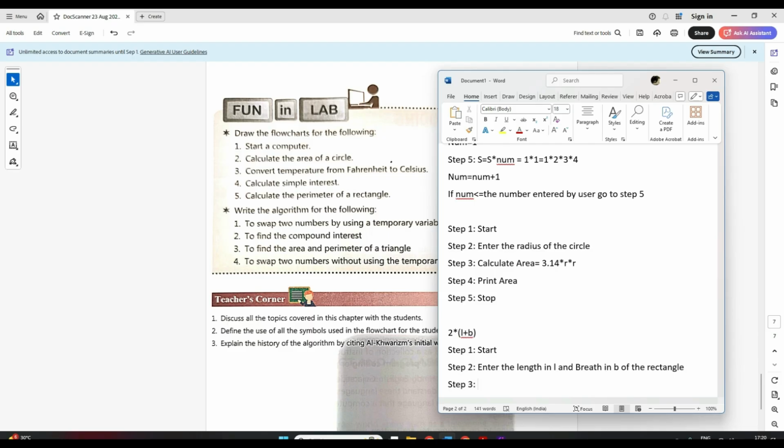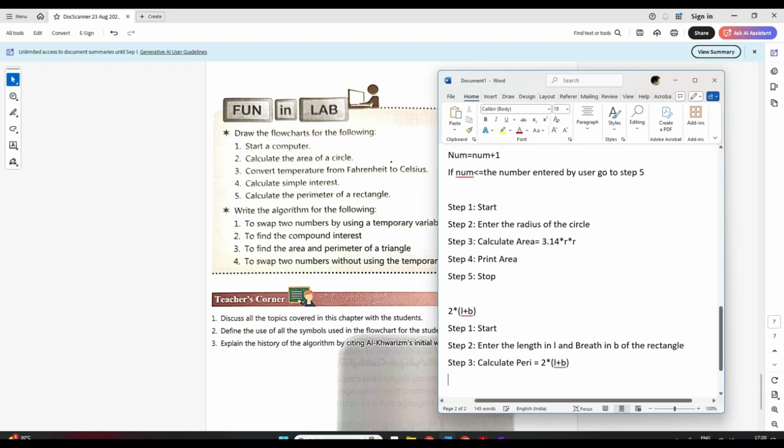And step 3, I'll calculate the area or perimeter, whichever they want, right? So maybe I'll take a variable peri. Calculate peri is equal to 2 into L plus B, correct?